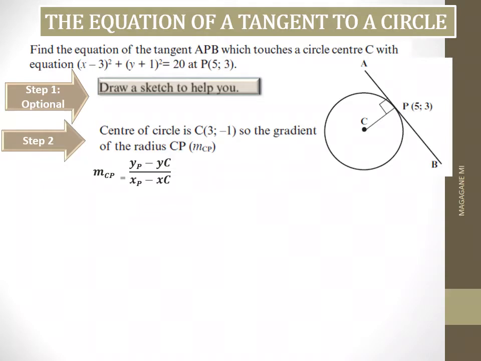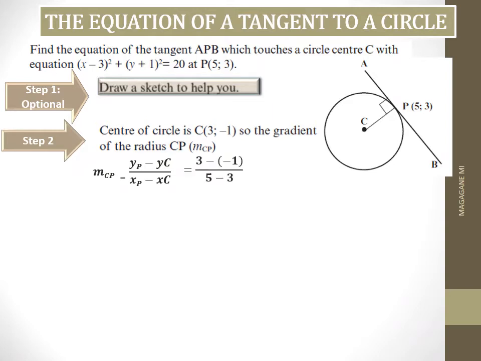Very, very important. So I prefer to write it as m, small letter m, CP equals y at P, which is the y value at P, minus y at C, which is the y value at C, over x at P, which is the x value at P, minus x at C, which is the x value at C. So I'll know when I substitute, I won't have a problem.